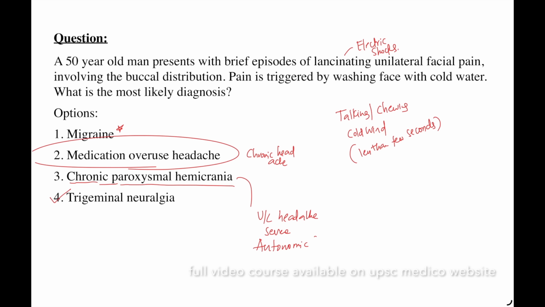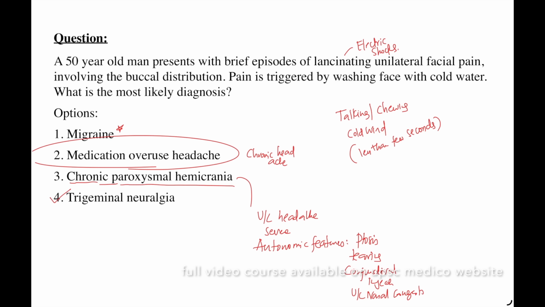The patient with chronic paroxysmal hemicrania, suddenly it comes, but it is chronic in nature. Hemicrania, that is half of the head there will be pain, and the patient will have autonomic features like he may complain of ptosis, tearing in the eyes, conjunctival injection, that is red eyes at the time of headache, and unilateral nasal congestion.